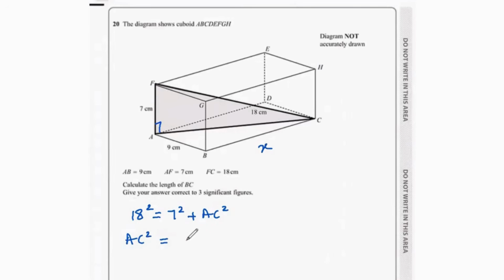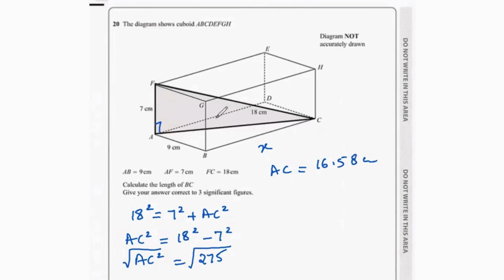AC squared would be 18 squared minus 7 squared, which gives us 275. We will square root both sides and AC comes out to be 16.58 centimeters.